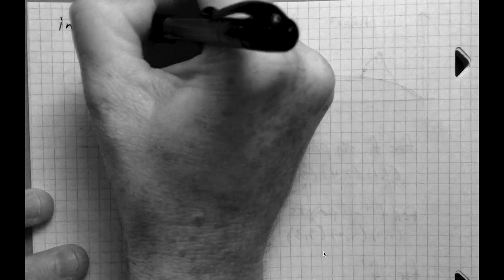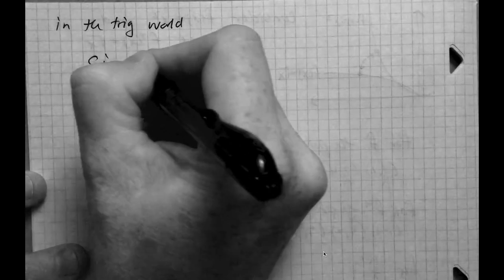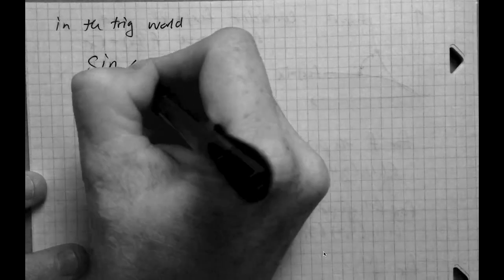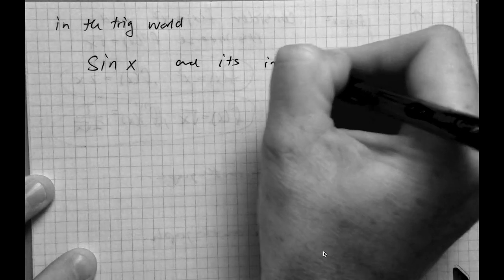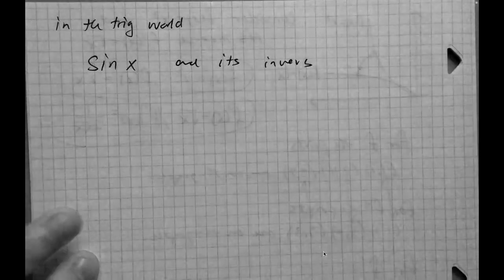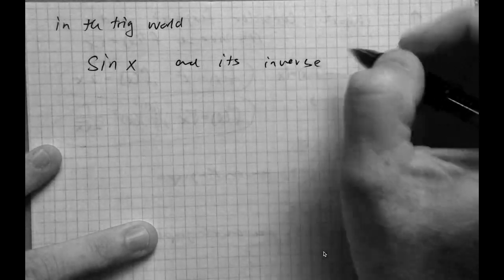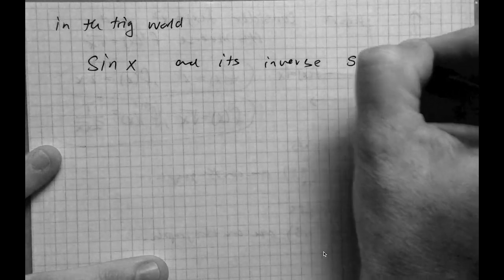Okay, now let's shift gears a little bit and talk about some of the trig inverses. So in the trig world, we've got sine of x, and its inverse, arcsine, right? So there are different ways to denote it. Frequently, it's denoted like this.